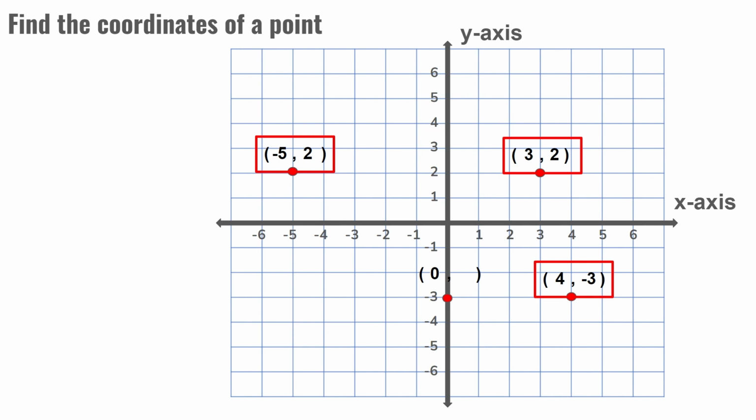Next, which direction along the y-axis should we move, and how many spaces should we move in that direction? That's right, we need to move 1, 2, 3 spaces in the negative direction, which means the second number in the coordinates of the point is -3. So the coordinates of the point are 0 and -3. So this is how to find coordinates of a point on a coordinate plane.